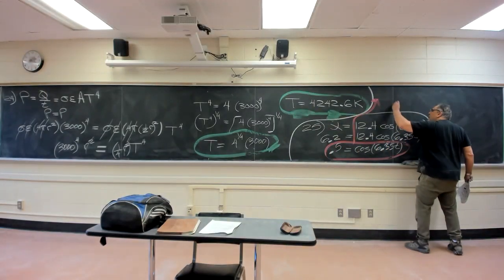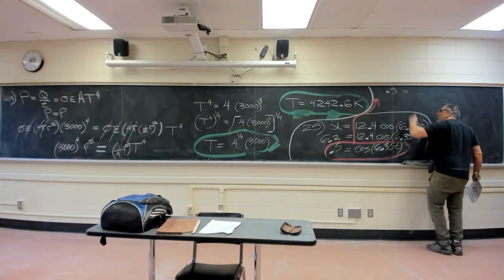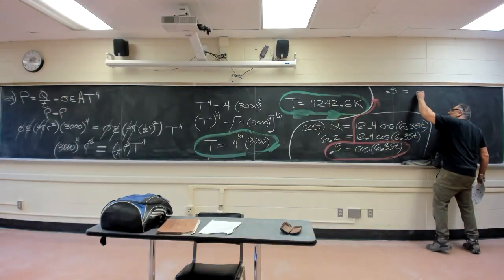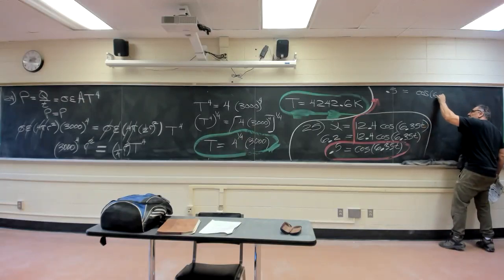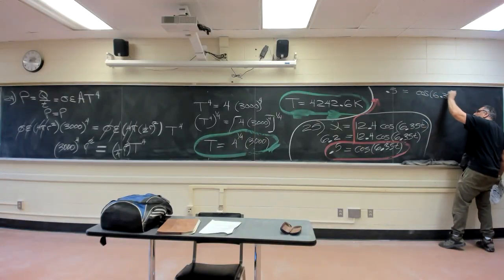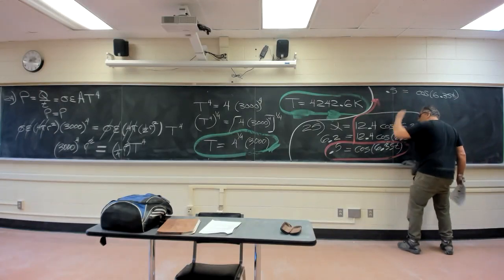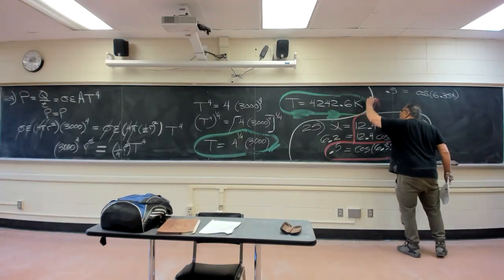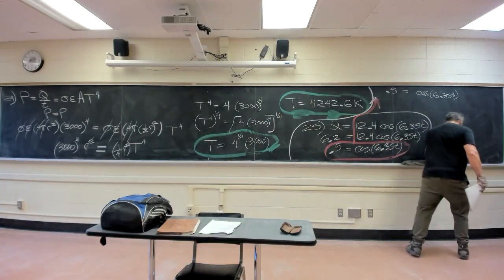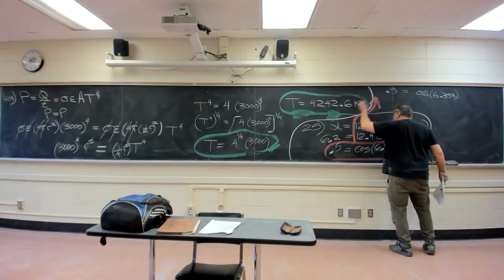So if 0.5 is equal to the cosine of 6.35t, that's what I just said here, right? Now I'm going up here.